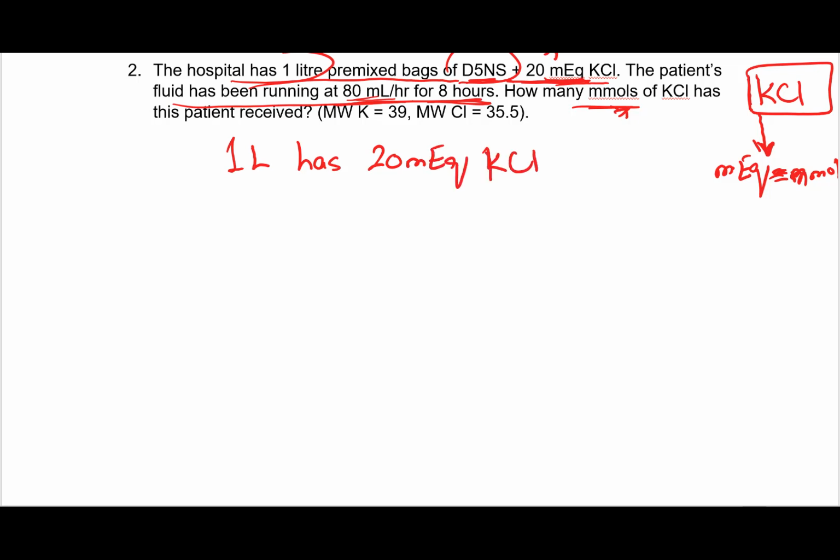The patient has been receiving this fluid, 1 liter of which contains 20 milliequivalents of KCl, at the rate of 80 mLs per hour for 8 hours, and we have to find out how many milliequivalents have gone into the patient at this rate over 8 hours.